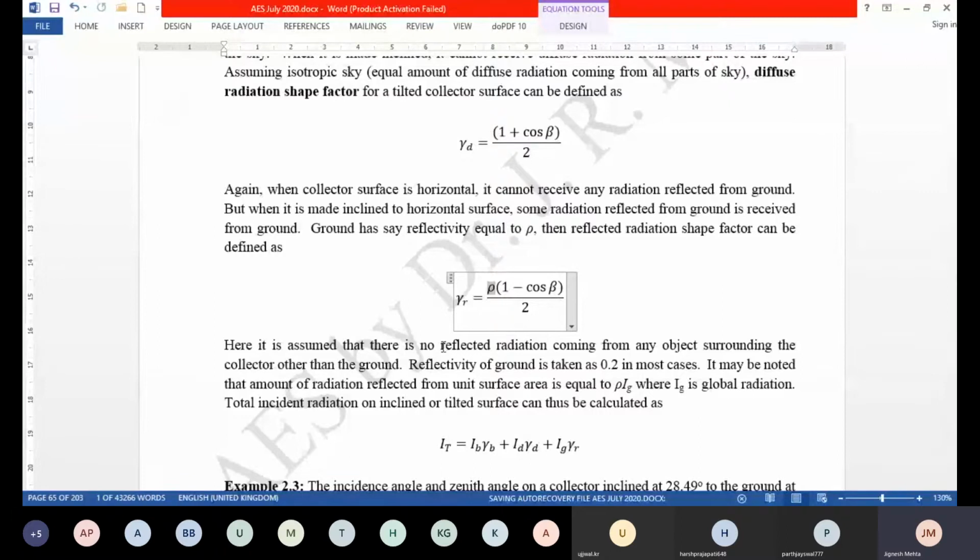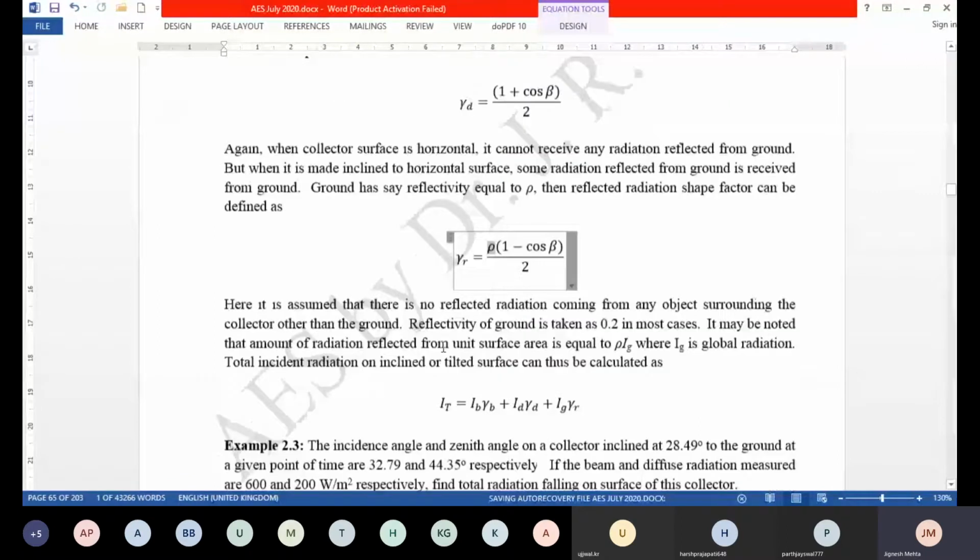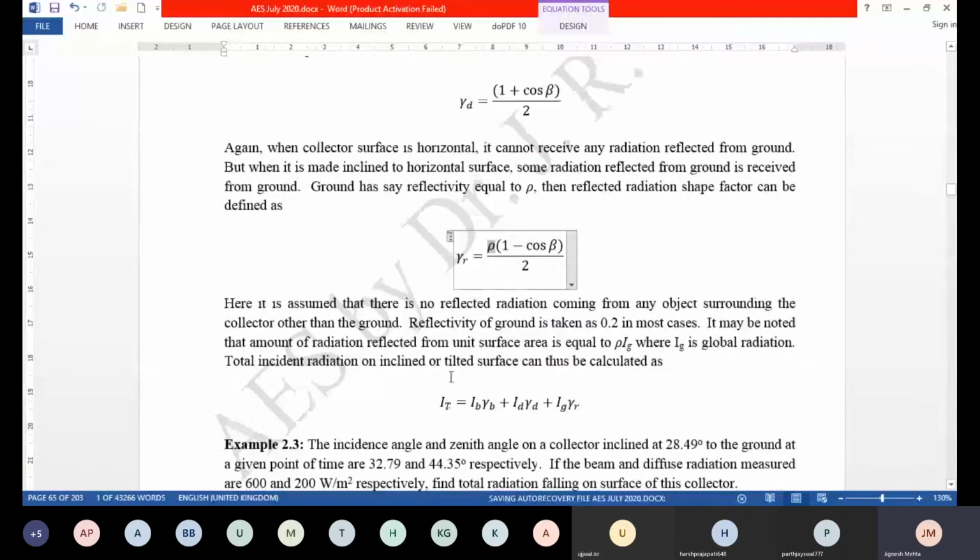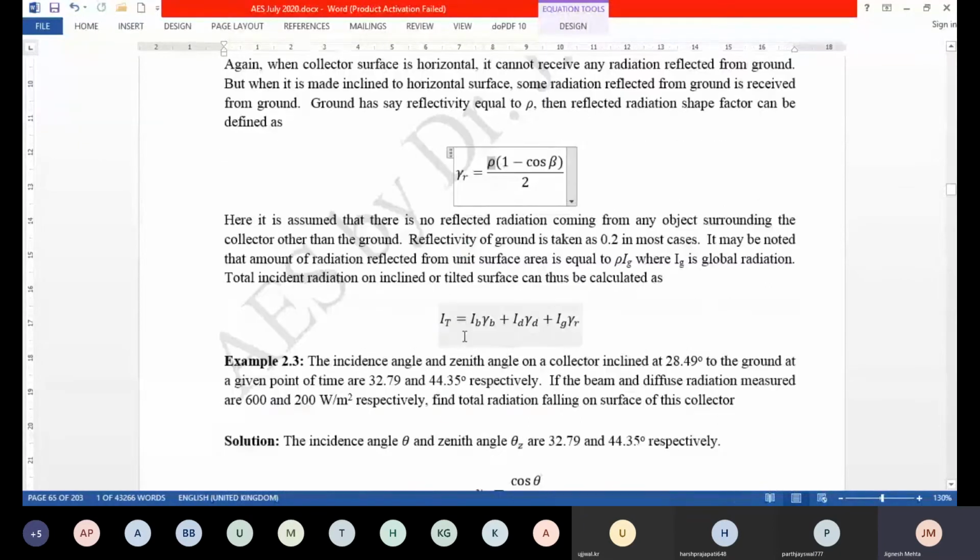Now, finally, how much is the total radiation available on an inclined surface? IT is the total radiation available on an inclined surface. So that is equal to IB measured on horizontal plane multiplied by gamma B, that is the beam radiation shape factor, plus ID into gamma D, plus IG.